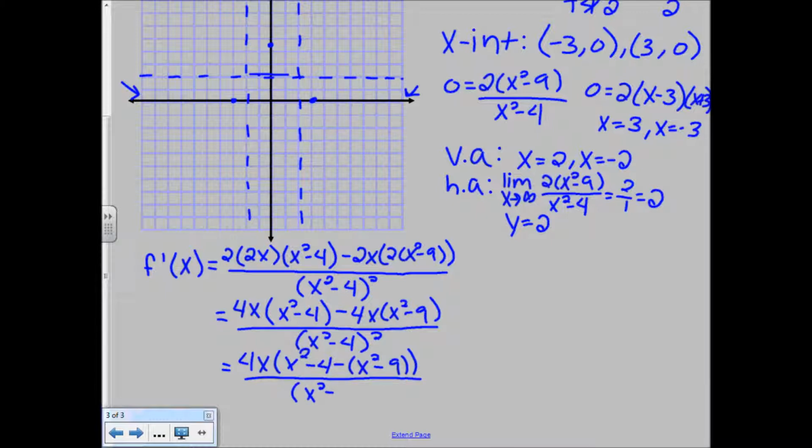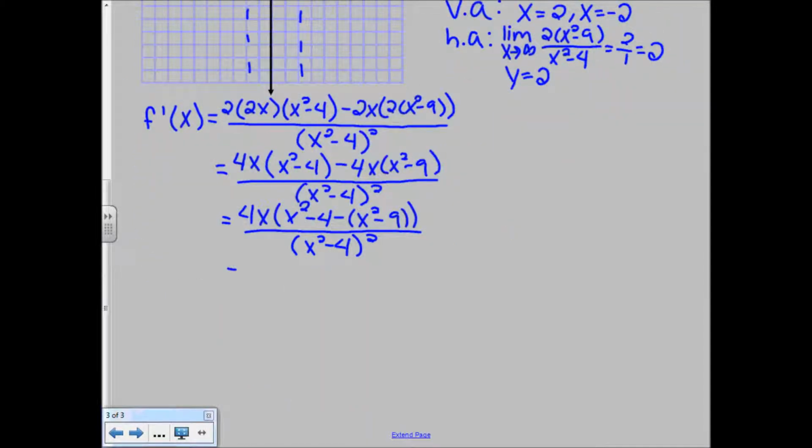All still over that (x² - 4) squared. So that's going to leave us with 4x times, our x squareds will cancel, and then this negative 9 becomes a positive 9, so we actually get times a 5 in there. So why don't we actually just simplify right away and make this a 20x over (x² - 4) all squared. So that's our first derivative.